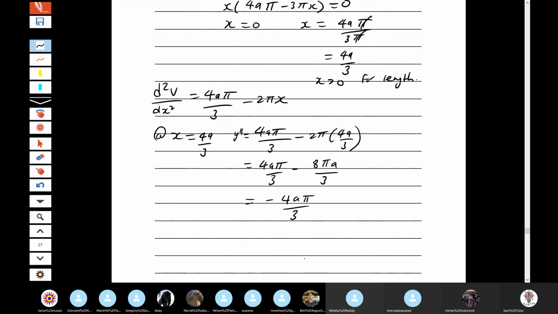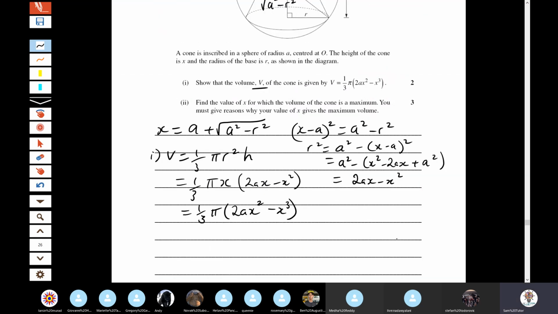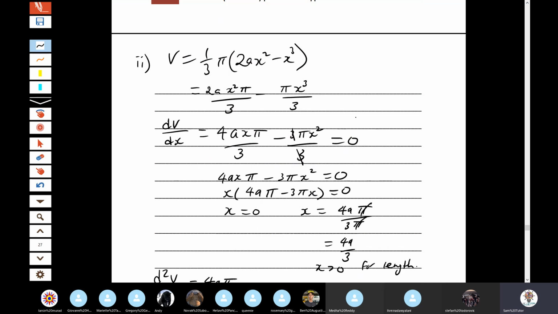Now, what must you say? What are we trying to do? Remember, this is less than 0. It's a max. But how can you conclude that? There's something there that they're trying to pick up. You must give reasons why your value gives the maximum. Why do you think they're saying that?